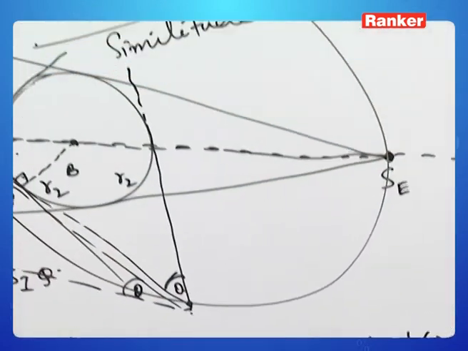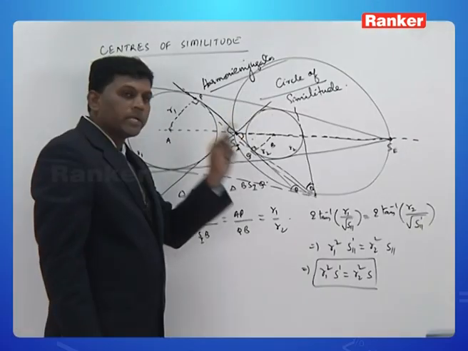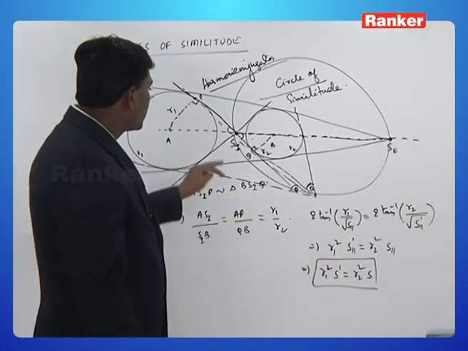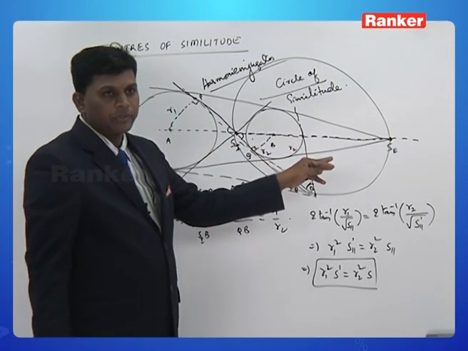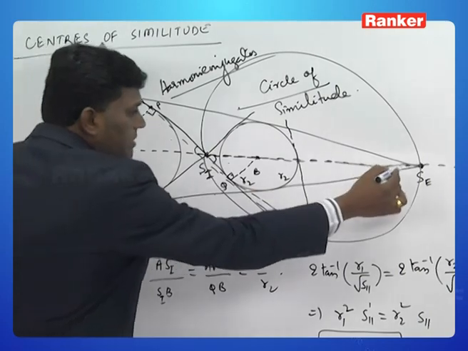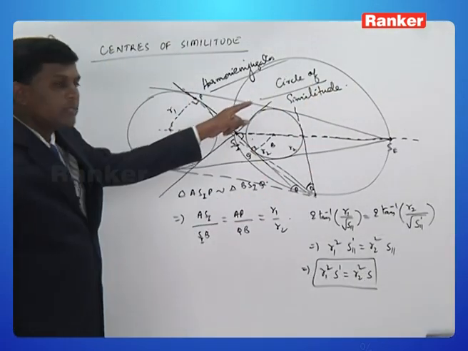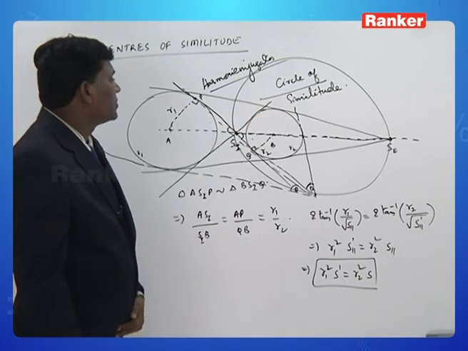This is the way of analyzing the points of intersection of the direct and transverse common tangents, which are defined as centers of similitude, and the circle drawn with the centers of similitude as a diameter, which is defined as the circle of similitude.